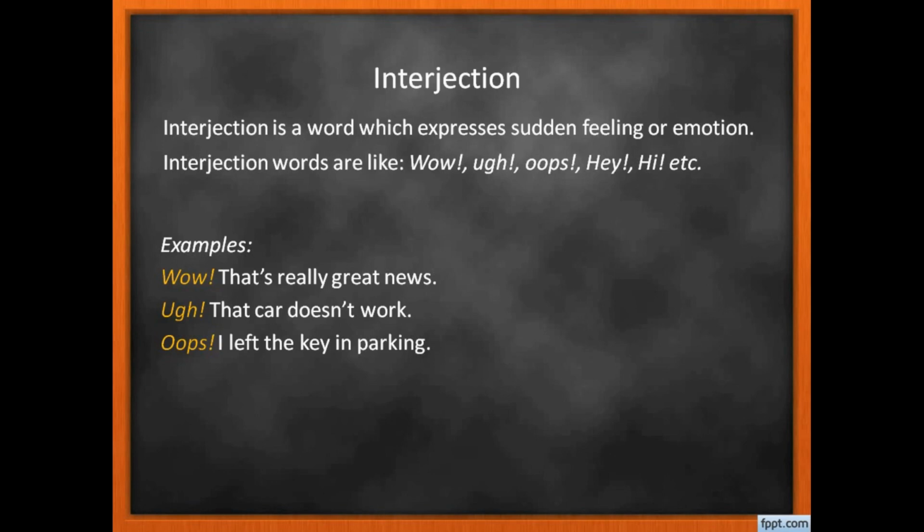For example, hey Jack, look at me. I'm over here. Hi, how are you? So interjections are commonly used in speech rather than writing. We use them less in writing. When we use them in writing, we put an exclamation mark after the interjection.